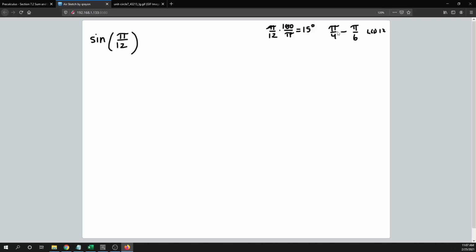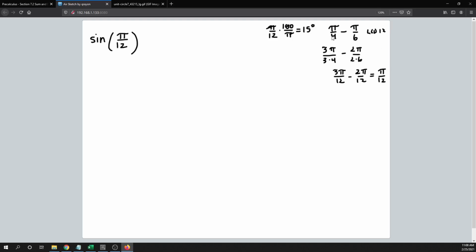When you change pi over 4 to 12ths, you multiply top and bottom by 3. When you change pi over 6 into 12ths, you multiply top and bottom by 2. So you get 3 pi over 12 minus 2 pi over 12, and that comes out to be pi over 12. All right, so we're on the right track here.